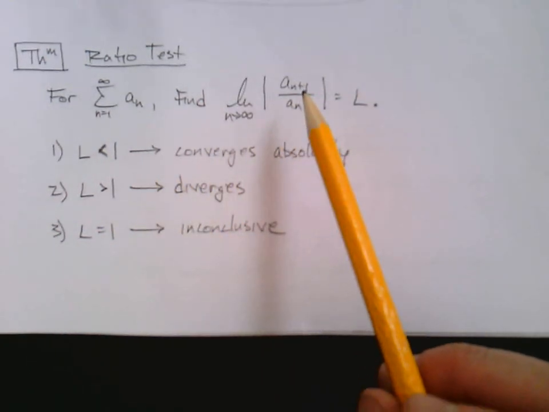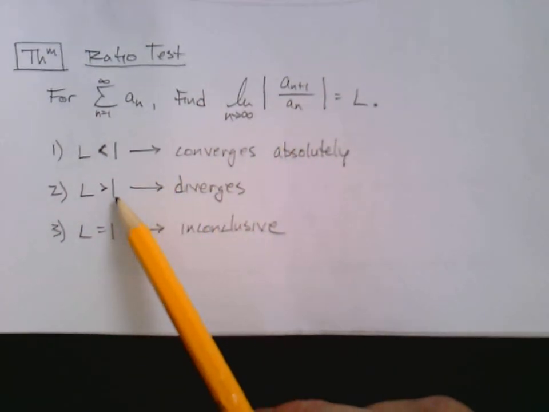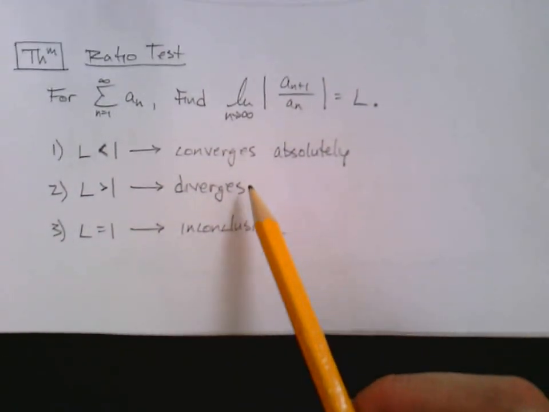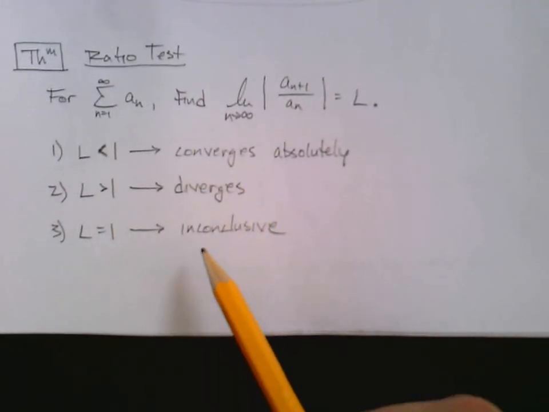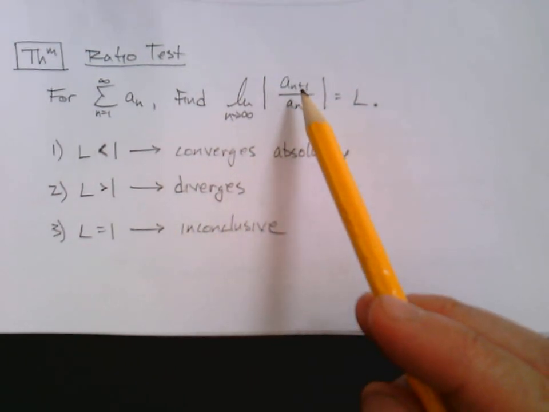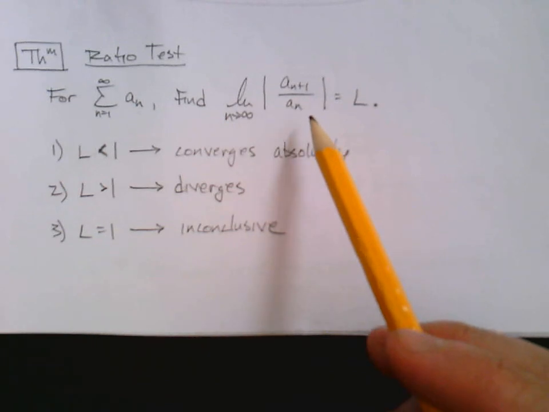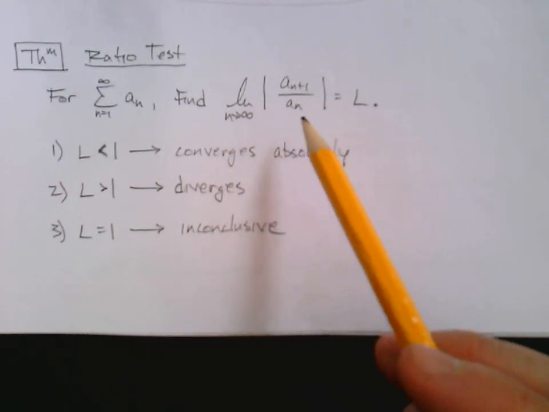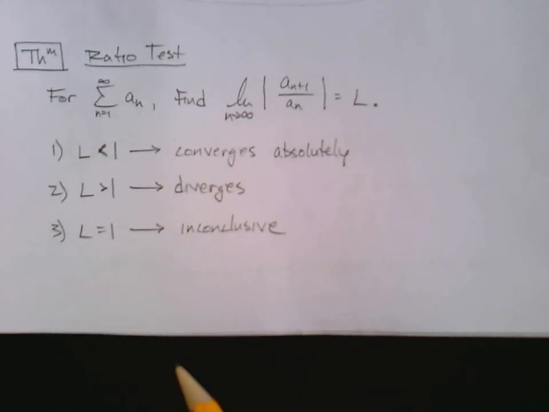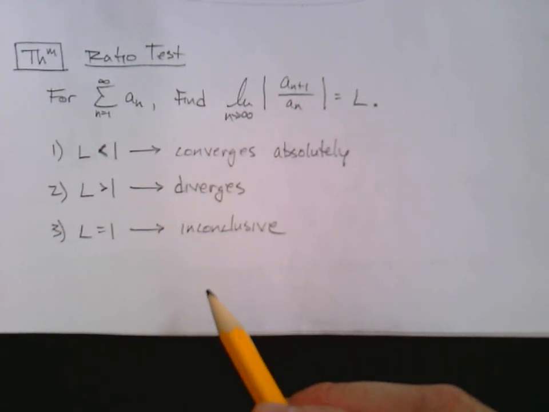If the ratio is bigger than 1, then the terms are increasing, and it's not hard to argue that it diverges. If it equals 1, then the terms are not changing, and you might say then it diverges, right? But it turns out that's not necessarily true. We don't know at that point, so it's inconclusive.